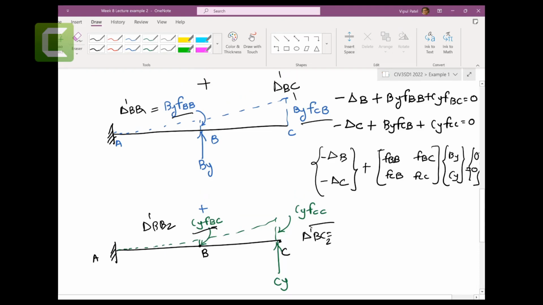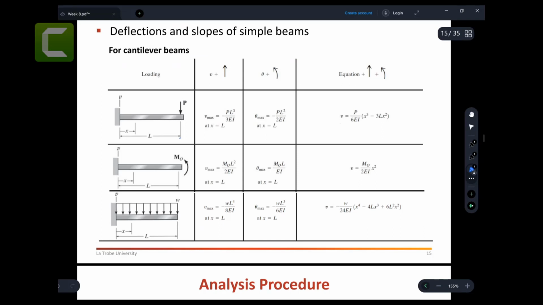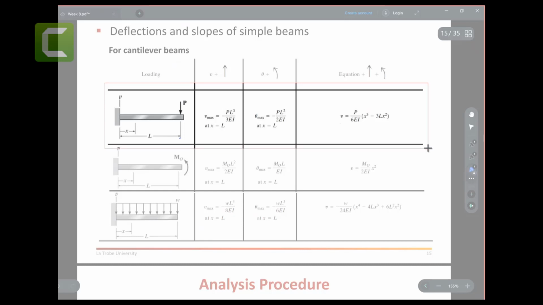So let's say delta dash BB1 we need to find. I think there are equations that we can use. Let's get these.